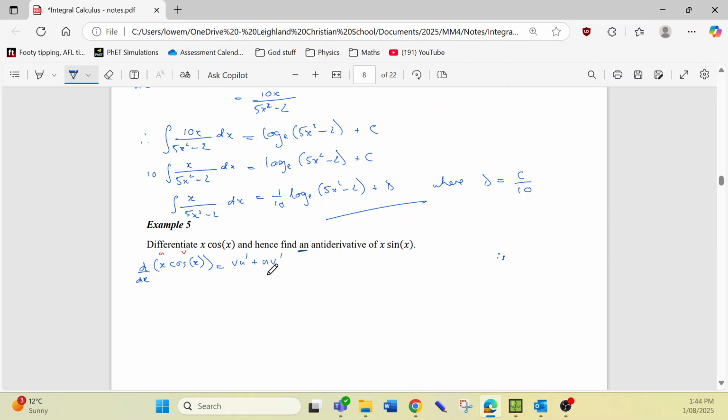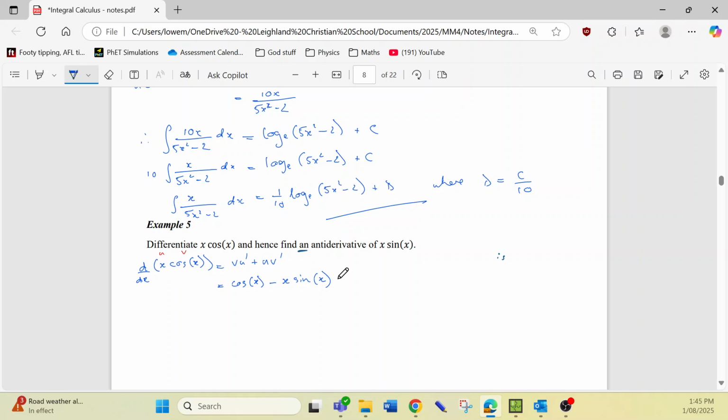Okay, so v is cos x times the derivative of u, which would be 1. Okay, so that's going to be cos x plus u, which is x, times the derivative of cos x, which is negative sine x. So we'll just change that plus to a minus then, and that becomes x sine x.